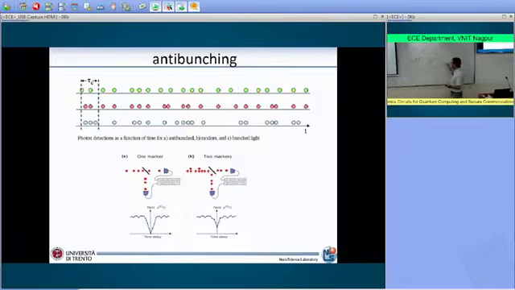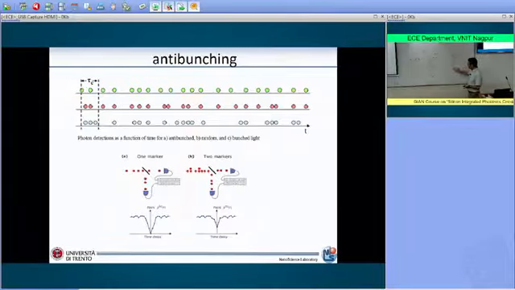Okay? If now we have a detector here, if the photon is going here, the detector clicks. If the photon is going there, the detector clicks. What does it mean, click? It means that it measures the photon. Okay? So you have a click here and a click there.